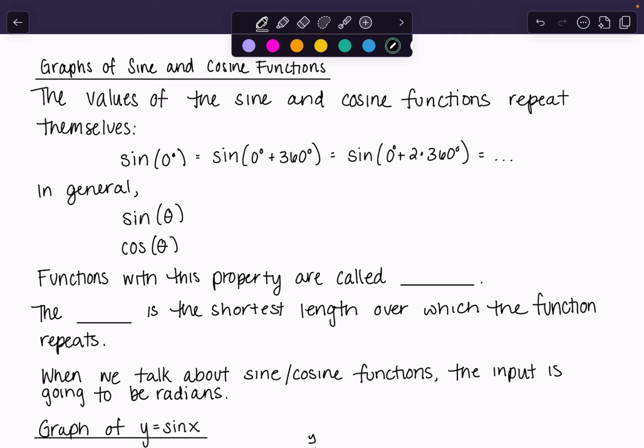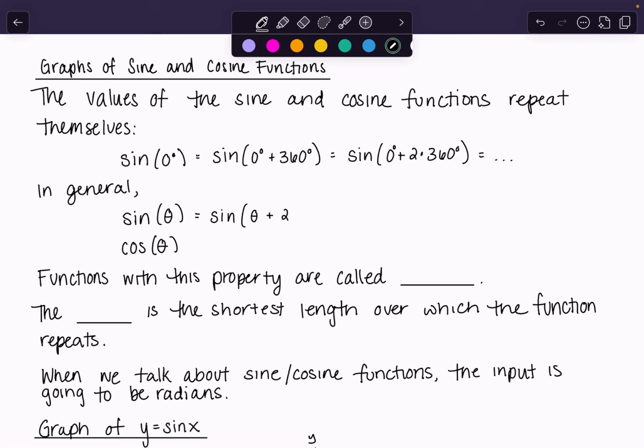In general, if I have sine of theta, it's going to be exactly the same thing as if I take that angle and I add any multiple of 360 degrees. But again, I said we like this in radians. That's going to be our main input.